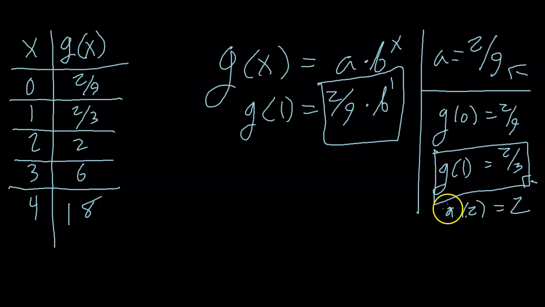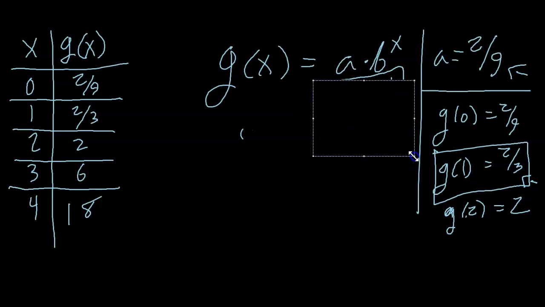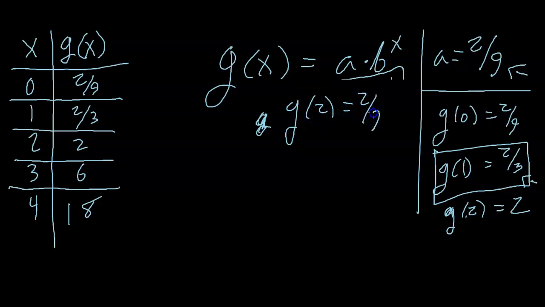Because it's always best if you can verify what you think to be the case. So let's take this fact. Let's take the fact that g of 2 is equal to 2, right? Let me make a little bit more room here. Let me attempt to get rid of all of this, okay? All right, of course g of 2 is also equal to 2/9 times b to the second power.